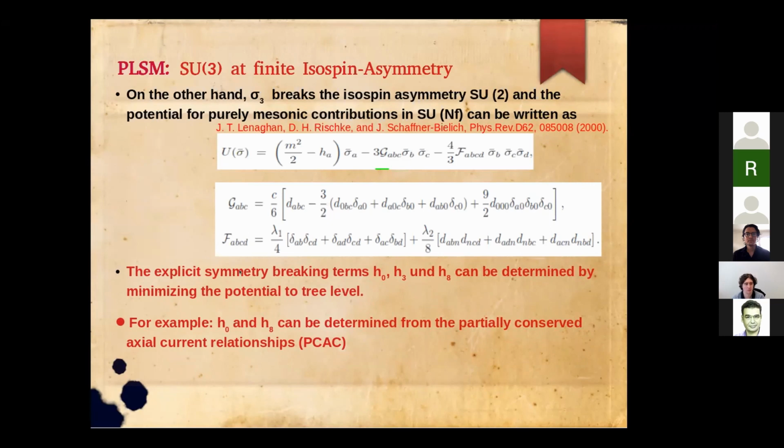The explicit symmetry breaking terms H0, H3 and H8 can be determined by minimizing the potential at tree level. We have done this, for example. H3 and H8 can be determined using the partially conserved axial current relation, the PCAC relation, like this.